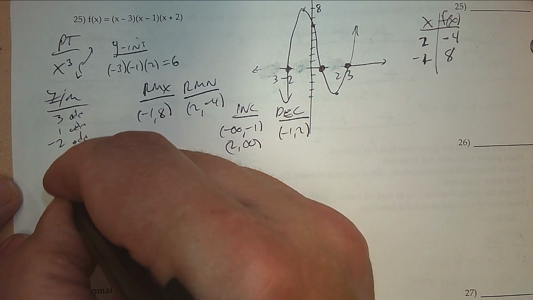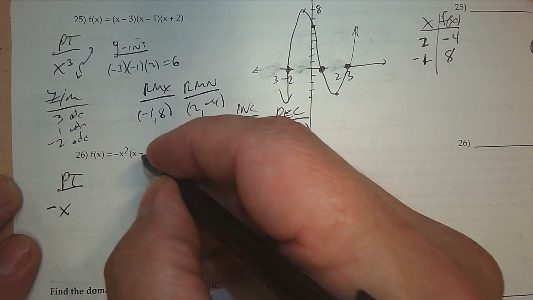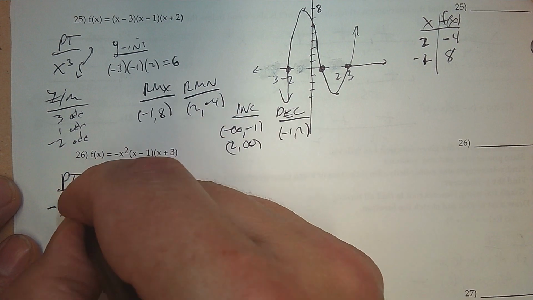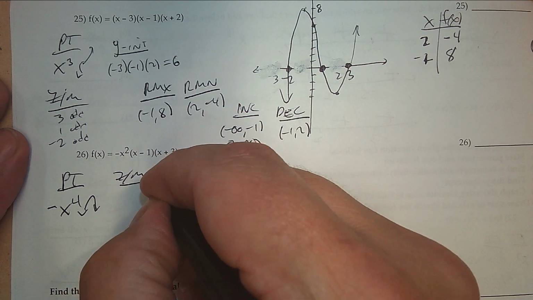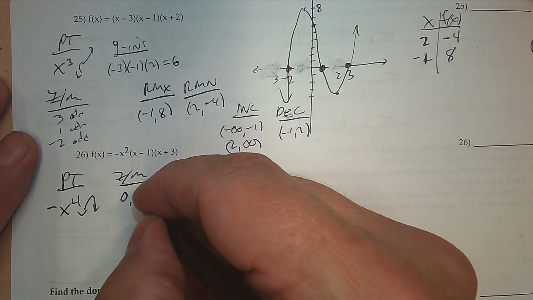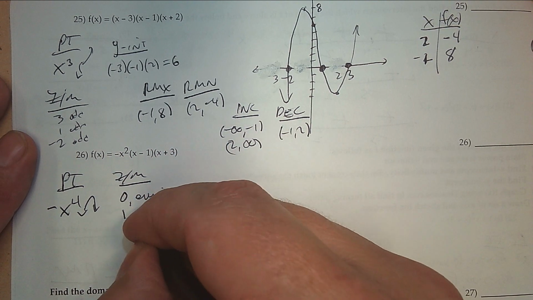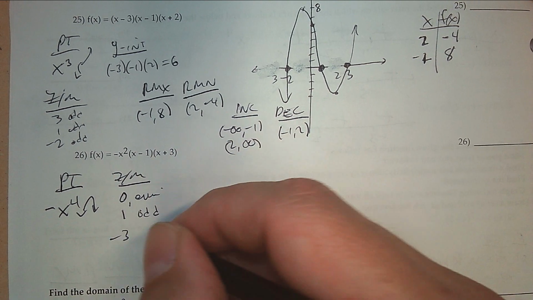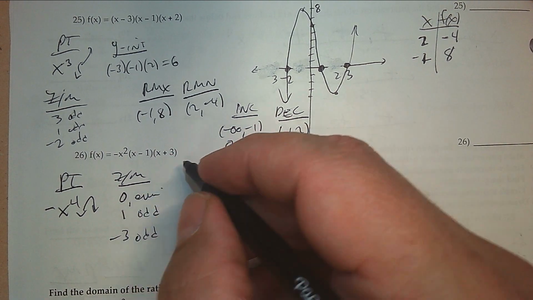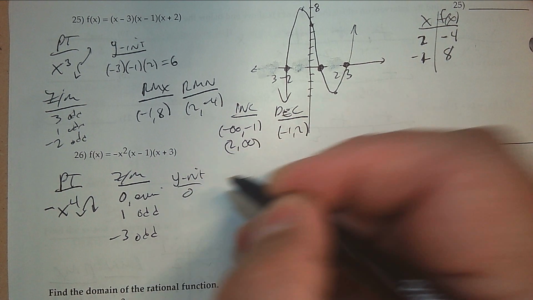So the power term here would be negative x to the fourth when you add the exponents. Both ends are going down. The zeros and multiplicity: at 0, it's even. At 1, it is odd. And at negative 3, it's odd. 0 is also my y-intercept.